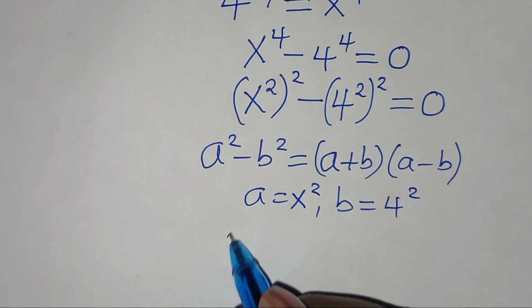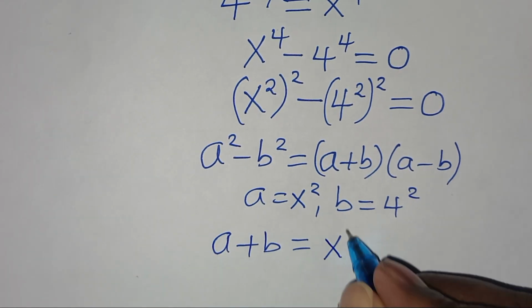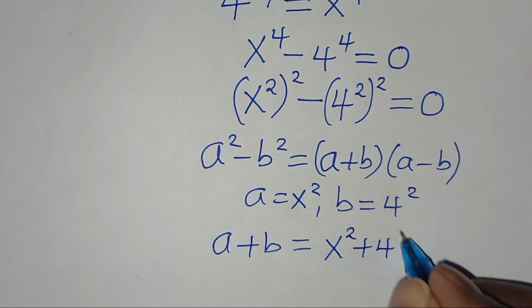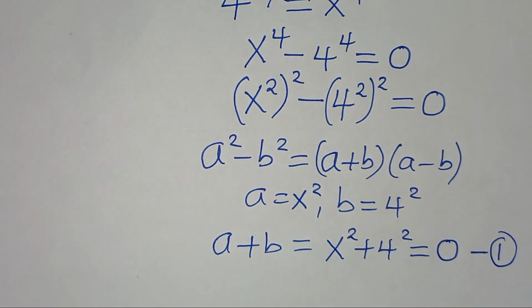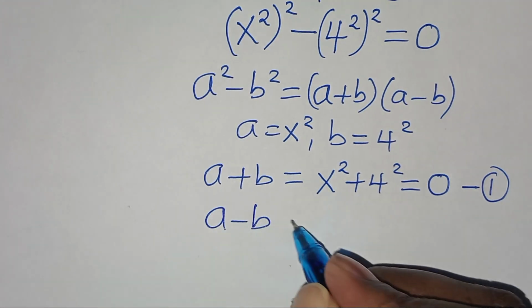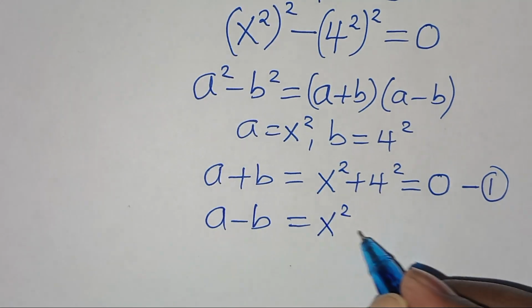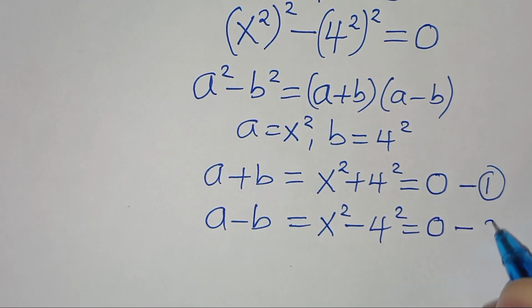So a plus b is x squared plus 4 squared, equal to 0. Let's call this equation 1. Then a minus b is x squared minus 4 squared, equal to 0. Let's call this equation 2.